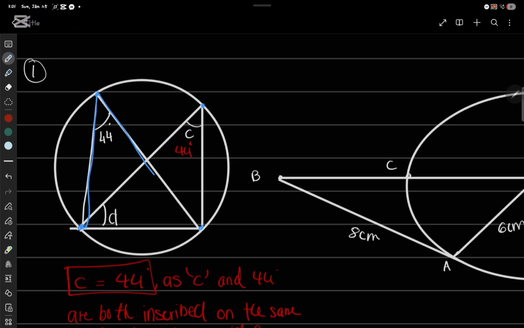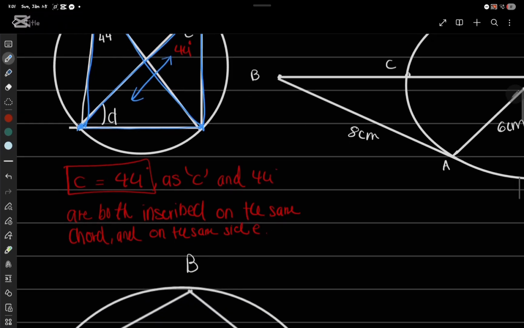Let me just draw it. There. Cyclic quadrilateral, which means that opposite angles add up to 180, which means that C plus D equals 180, 44 plus D equals 180. So D should be 136 degrees.